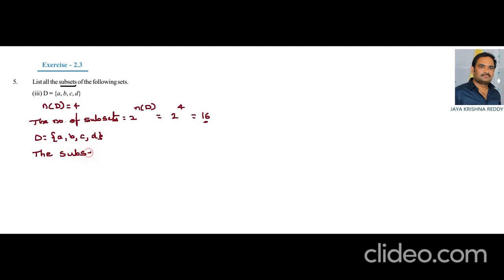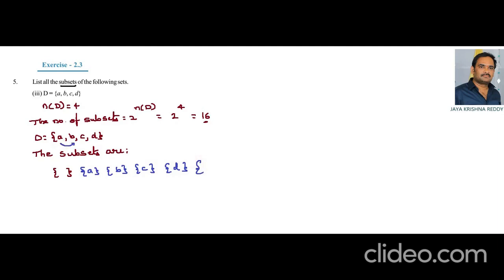Let us write the 16 subsets. First you have to write the empty set, and next the sets with single elements, set A and set B and set C and set D. Next let us write sets with two elements.